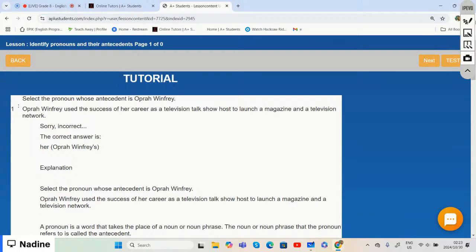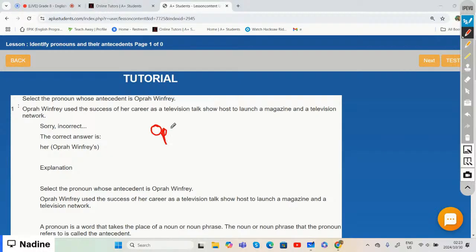If we look at it, the noun is Oprah Winfrey, and this is also the antecedent. Now the pronoun, it says select the pronoun whose antecedent is Oprah. So Oprah Winfrey is the noun as well as the antecedent. If we were to select the pronoun, it says Oprah used the success of her career. So her is the pronoun of Oprah Winfrey.